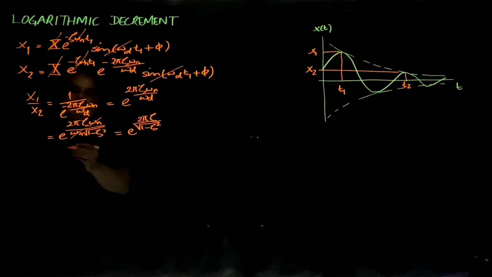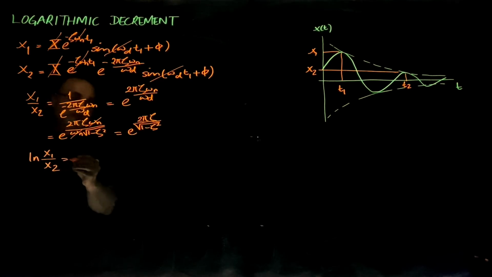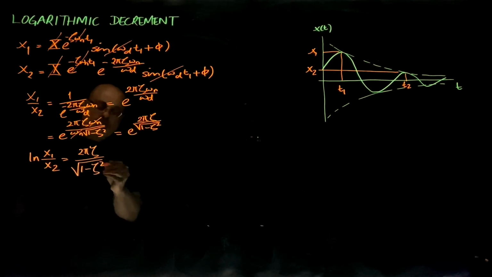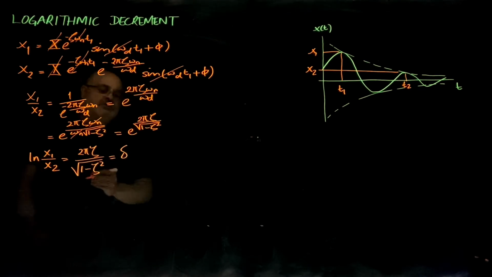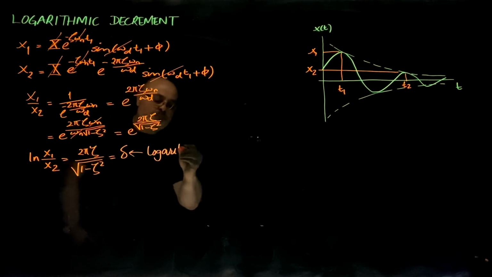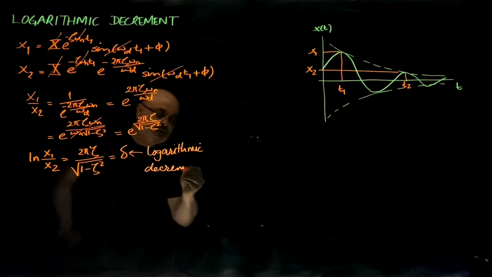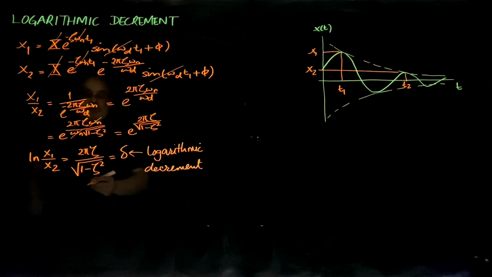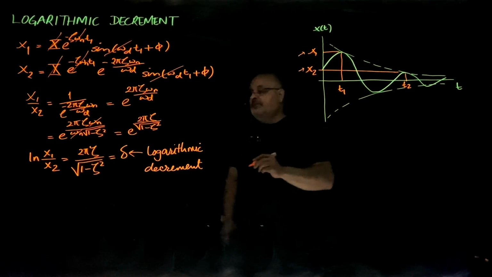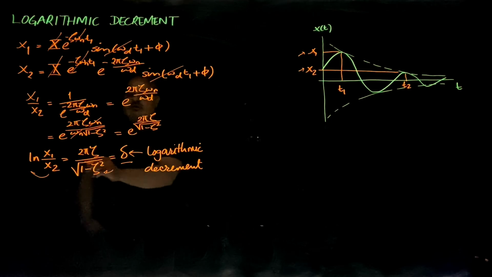Now, taking the natural logarithm of both sides, ln of x1 divided by x2 will be 2 pi zeta divided by square root of 1 minus zeta squared, and we'll call this delta, which is called the logarithmic decrement. Now, so measuring x1 and x2 experimentally, I can substitute and find delta and then solve for zeta using this relationship.